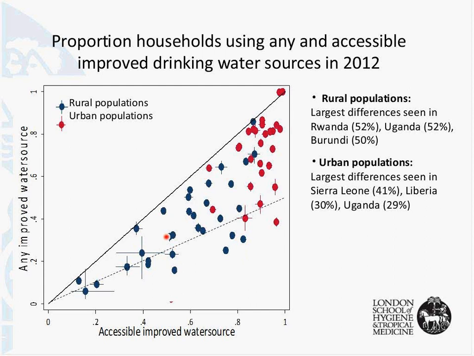So this shows there's a big shortfall in the number of households that are able to use an accessible water source, and there are big differences here for rural and urban populations. In East Africa in particular, Rwanda, Uganda, Burundi, only half the rural populations that are using an improved water source are using an accessible one, which is quite striking.